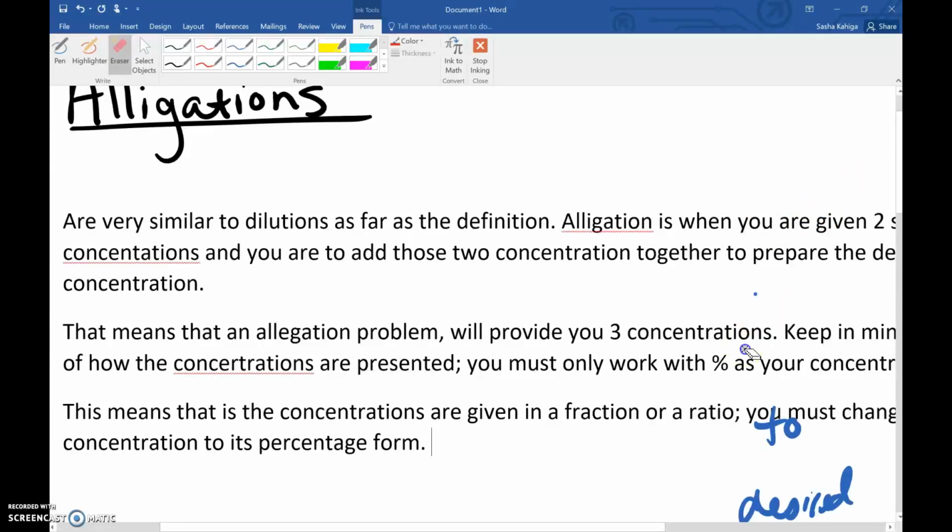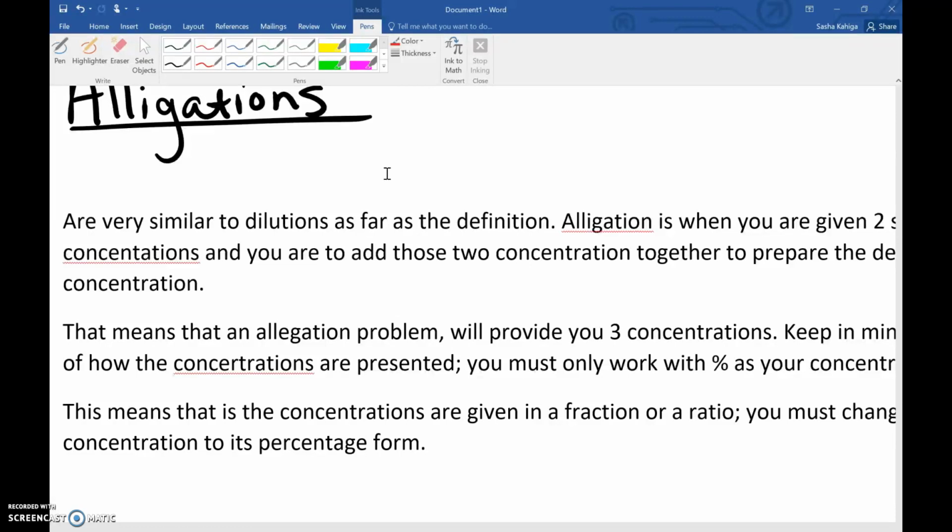Let me erase all of this. So again, alligations and dilutions are very similar. Alligation is basically when you're given two concentrations and you are to add those two concentrations together to prepare the desired concentration. That does mean that an alligation problem will provide you three concentrations.